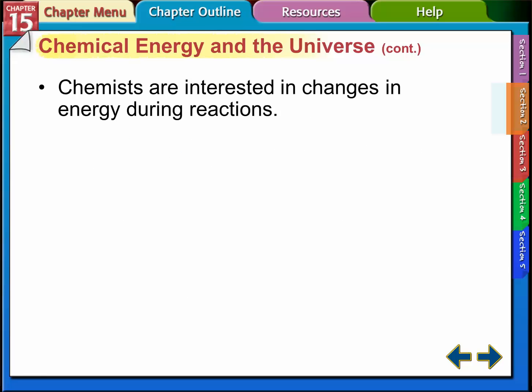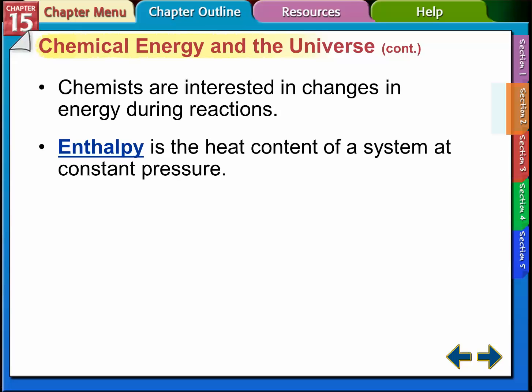Okay, chemists are interested in changes in energy during reactions. Changes in energy means changes in heat, and enthalpy is the heat content of a system at a constant pressure. So we have to have a constant pressure, otherwise there are too many changes that can affect the heat.